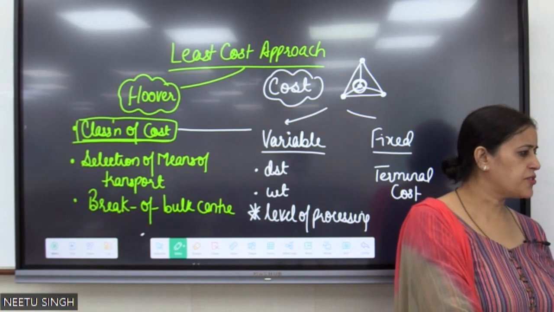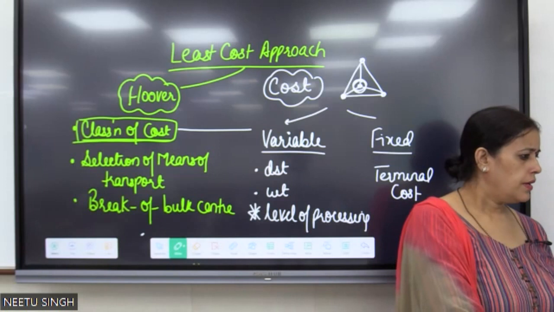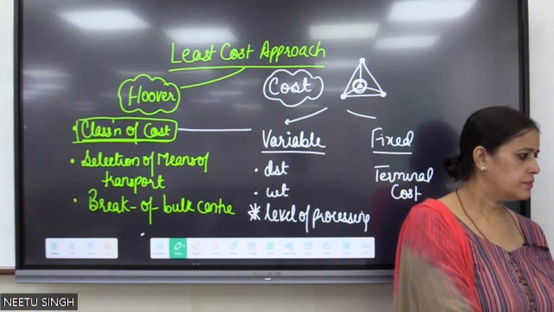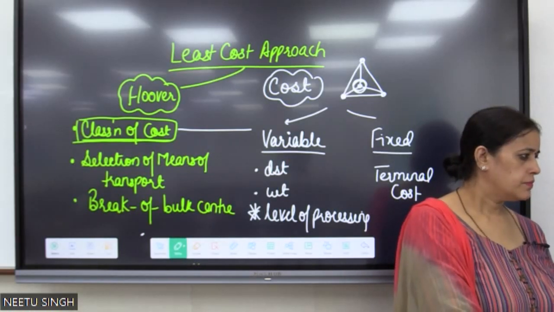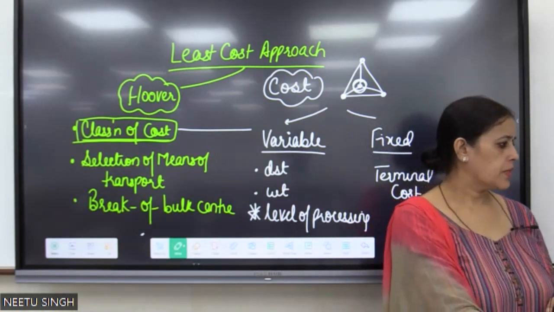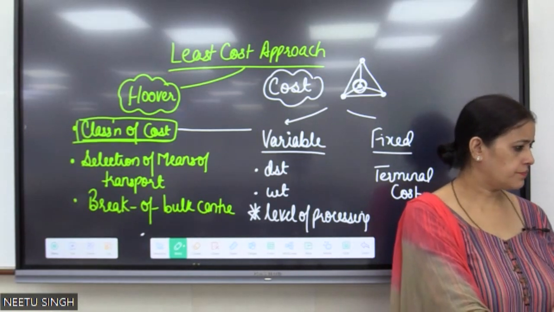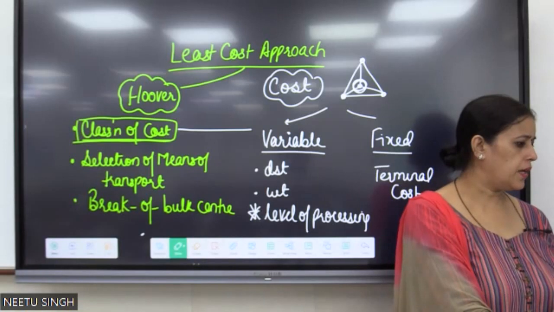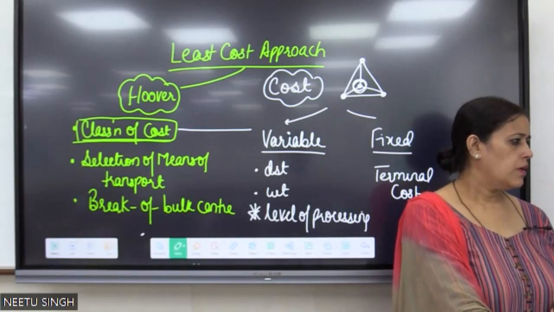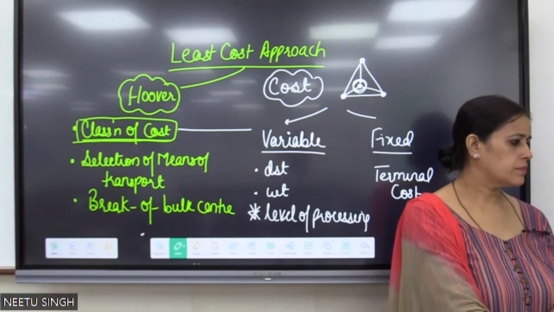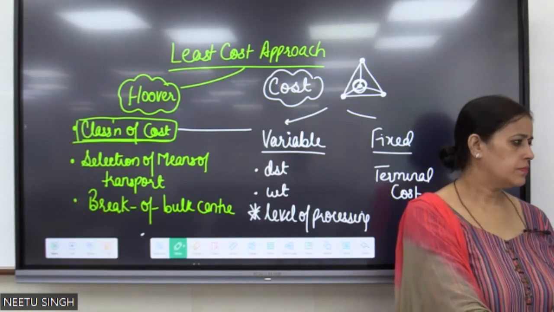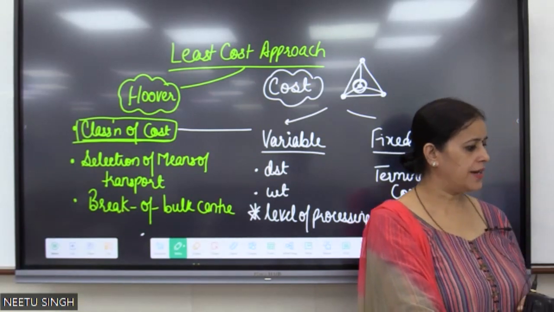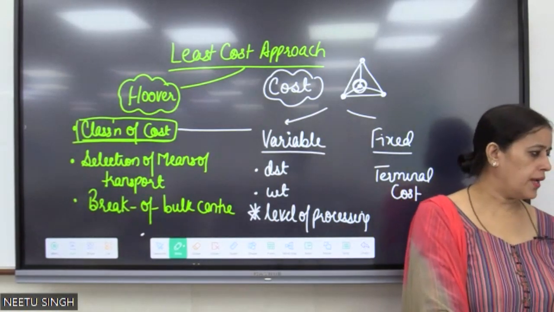Point 1, enriched least cost approach by A, classification of cost, B, selection of appropriate means of transport, C, and finally, recognition to break of bulk center.